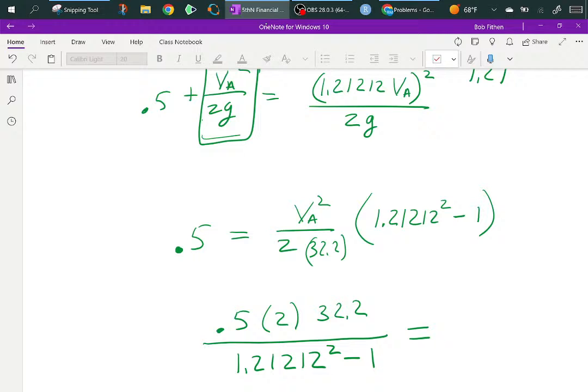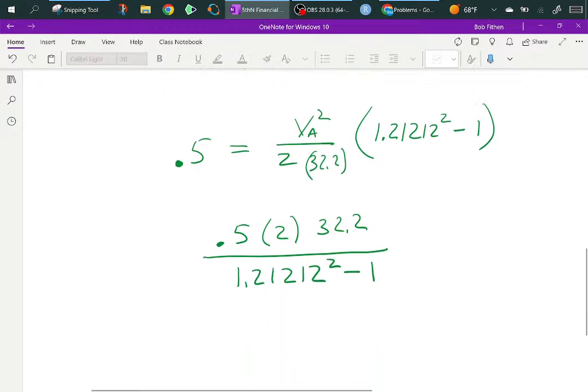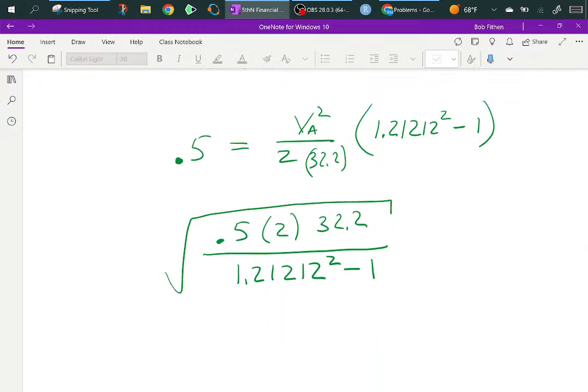Oh, and I need to take the square root of it. Let's see. I'm going to really push this photo math thing. Will it? All right, here we go. They put it in that little box they've got for me. It did it. Well, I think it did it.